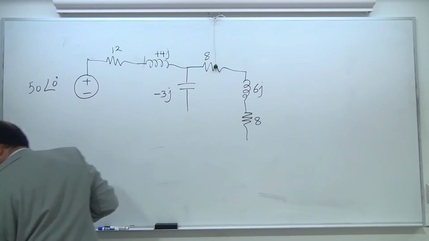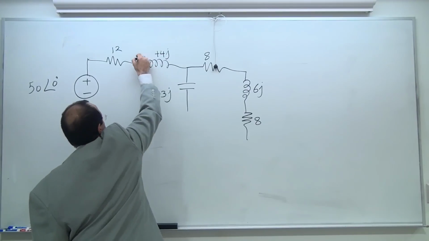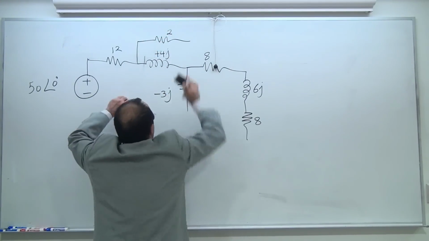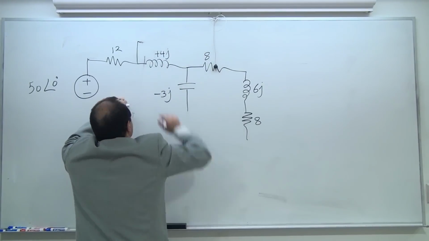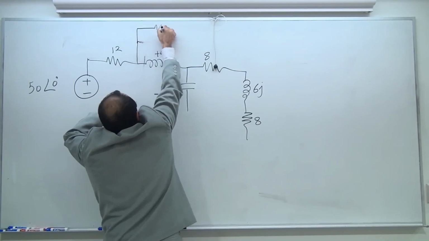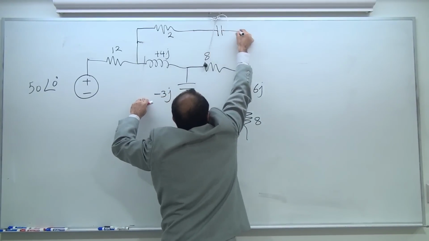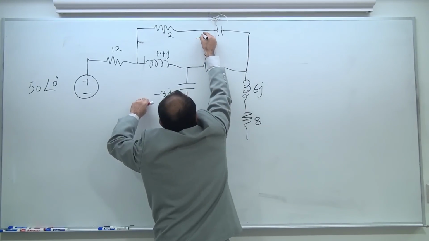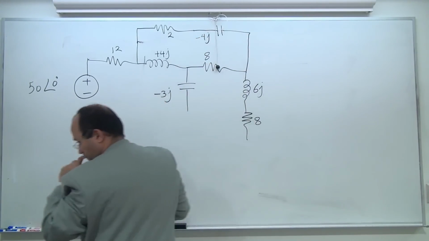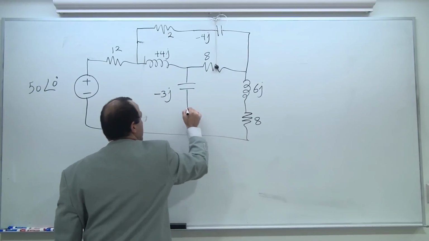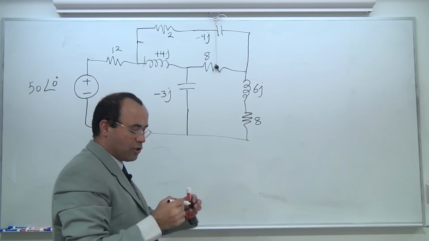And then I have 2 ohm and minus 4j. I need to raise it up a bit. 2 ohm and minus 4j. Okay, someone has done the transformation for me.